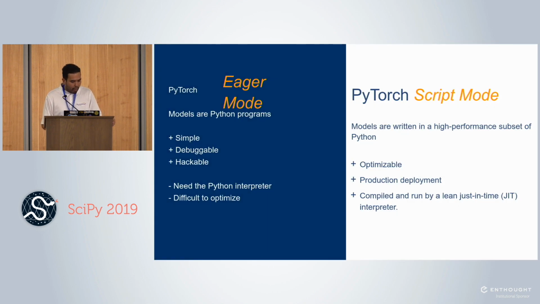Eager mode is simple, debuggable, hackable, needs the Python interpreter, and is difficult to optimize. And PyTorch script mode is optimizable, suited for production deployment, and compiled and run by the lean just-in-time interpreter.